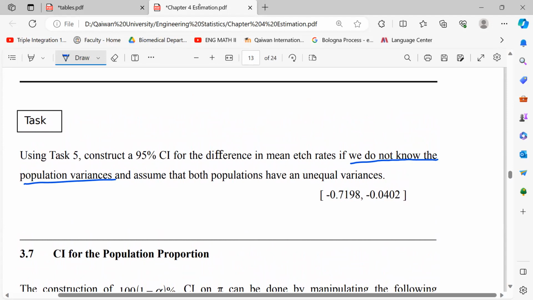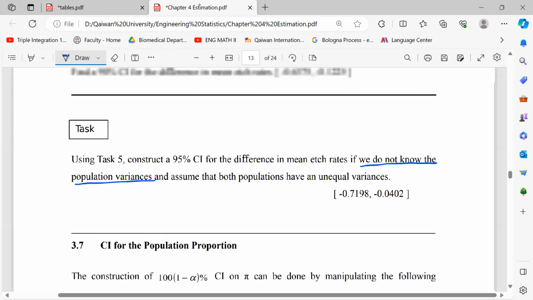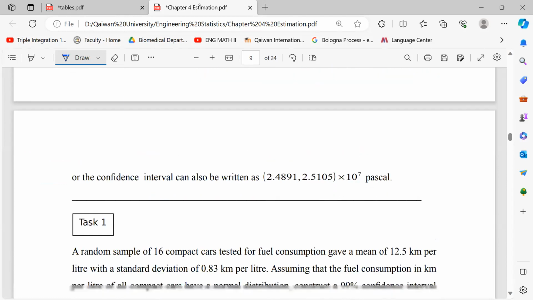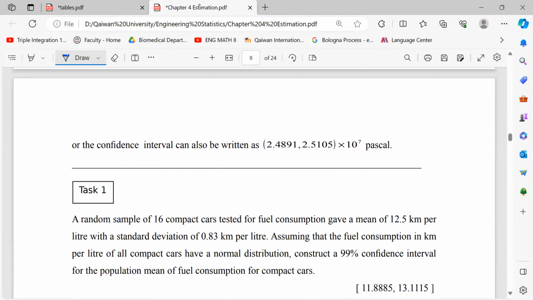But in the example, it should be mentioned that the variance is unknown. It says if we don't know the population variance. Okay, so it's a case where we don't know the population variance. Then we look at the sample size, whether it's greater than 30 or less than 30. Even here, for one mean, it's the same. It was the same for two means.